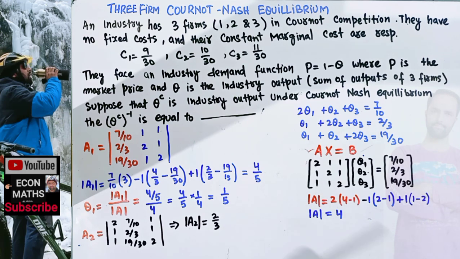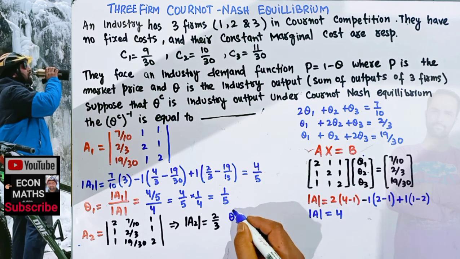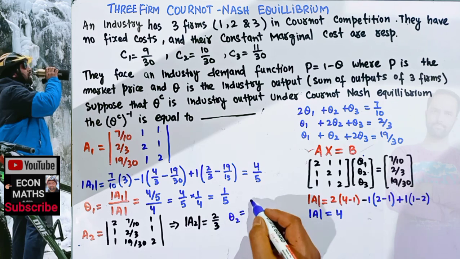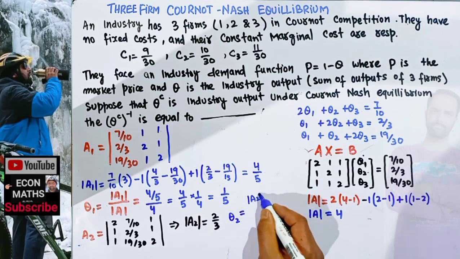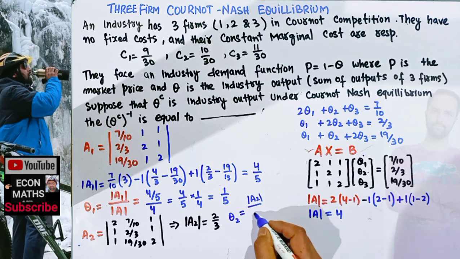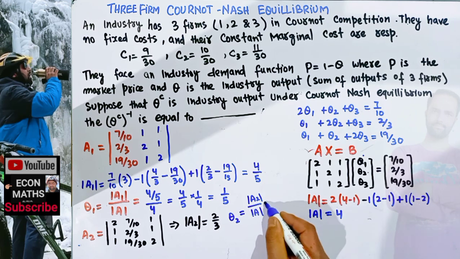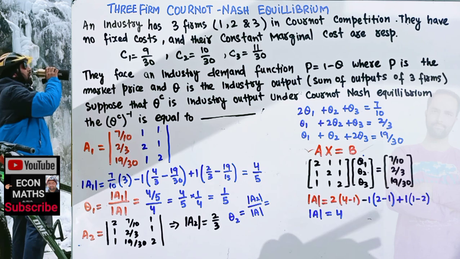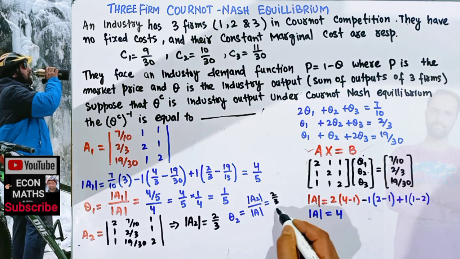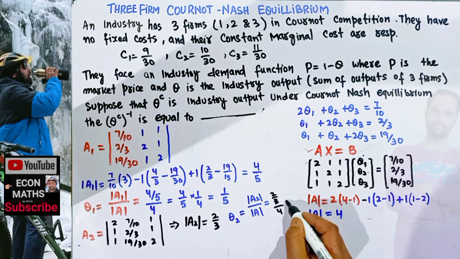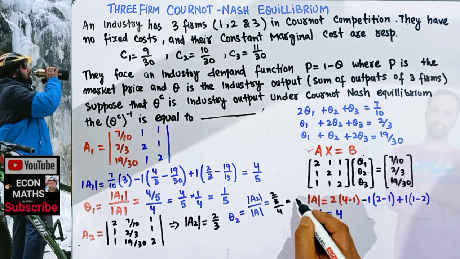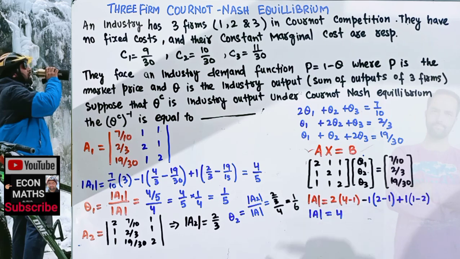That means quantity supplied by firm 2 will be equal to the determinant of this new matrix A2 divided by the determinant of coefficient matrix A, which is 4. So 2 upon 3 divided by 4 comes out to be 1 upon 6. Quantity supplied by firm 2 is 1 upon 6.